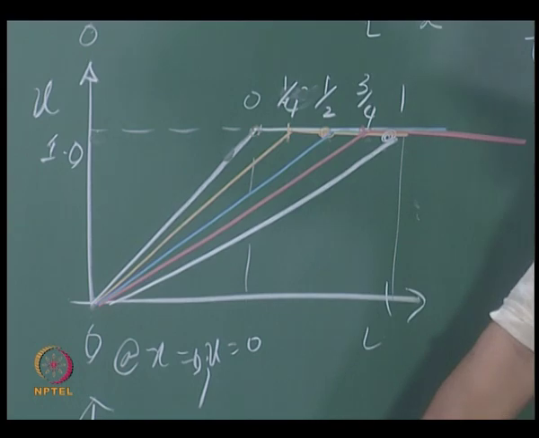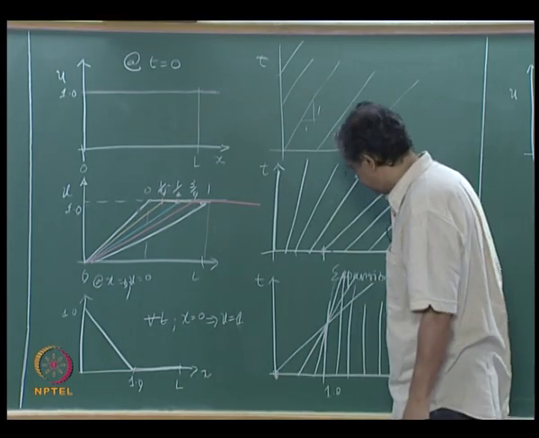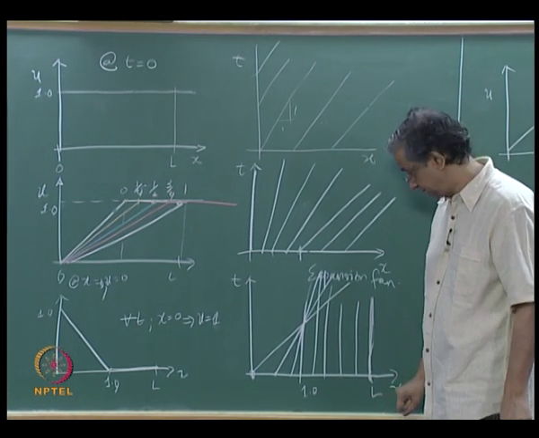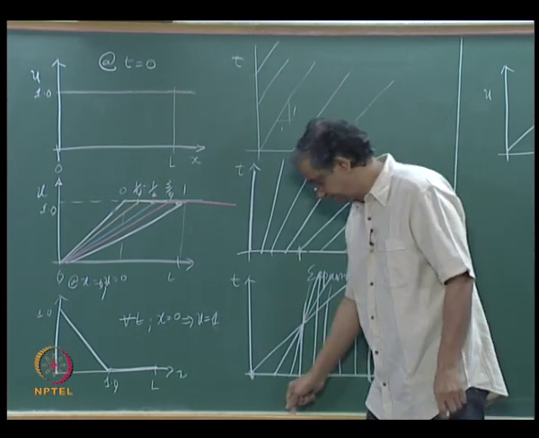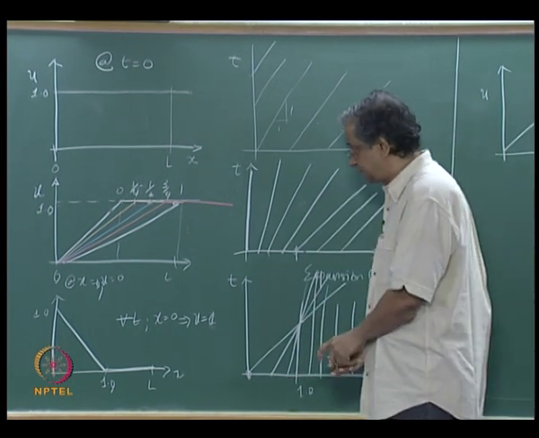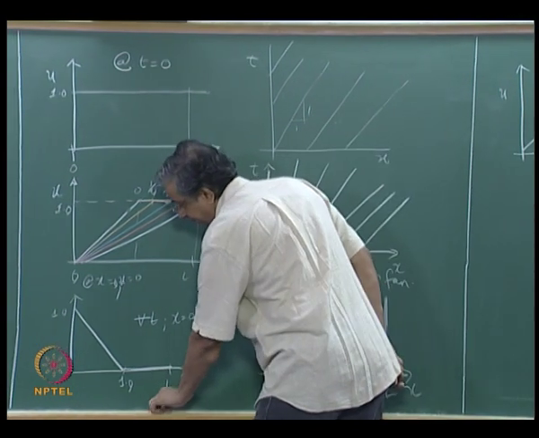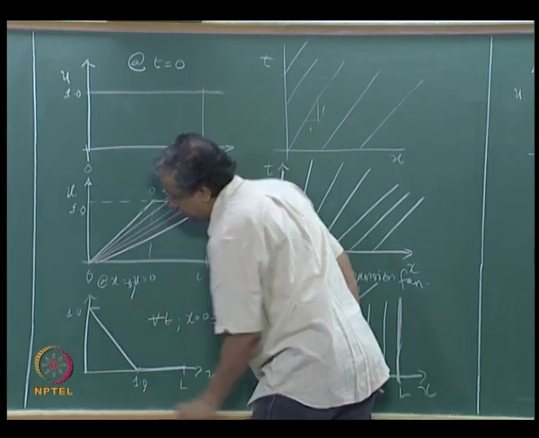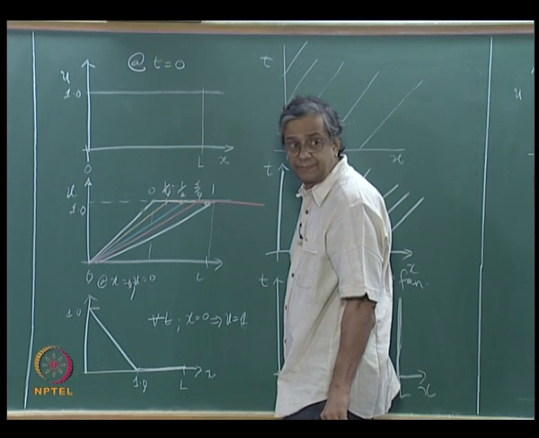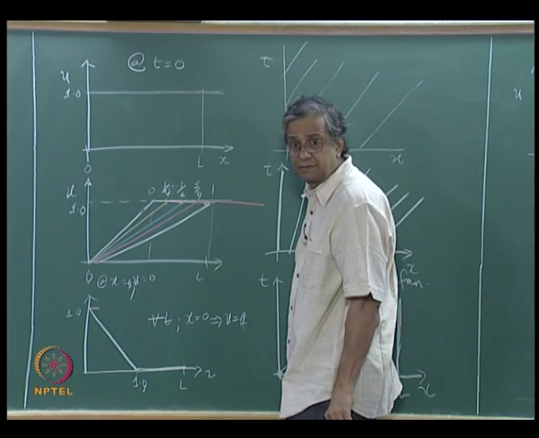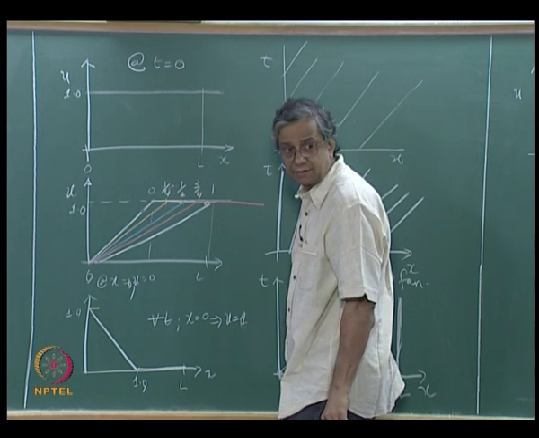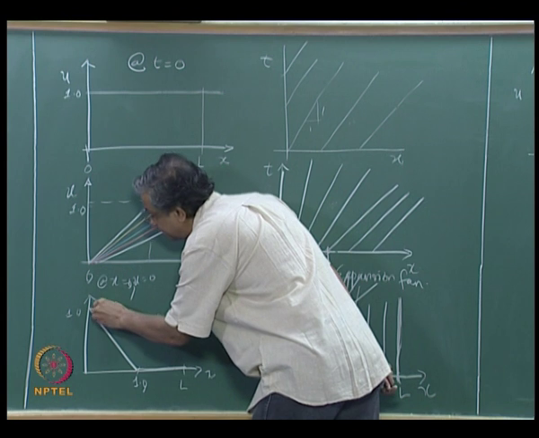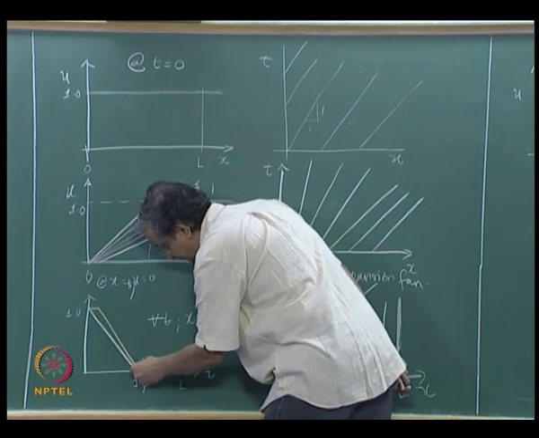What happens in this case? If I were to just follow through, after a small time interval the leftmost point is propagating at 1 unit per second, and I would get a solution that is like this.